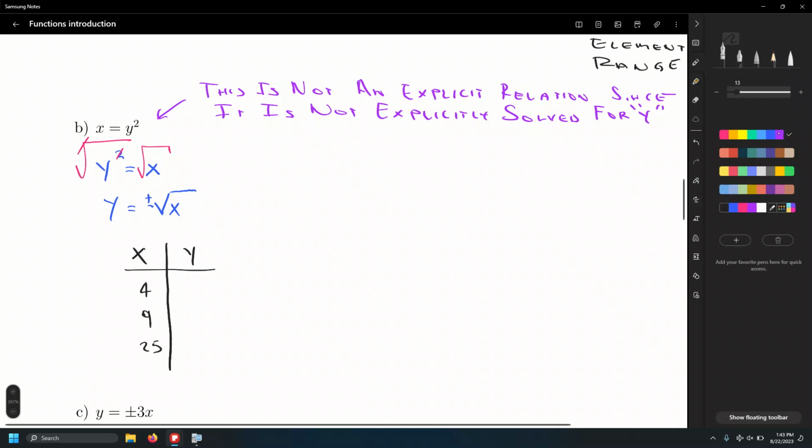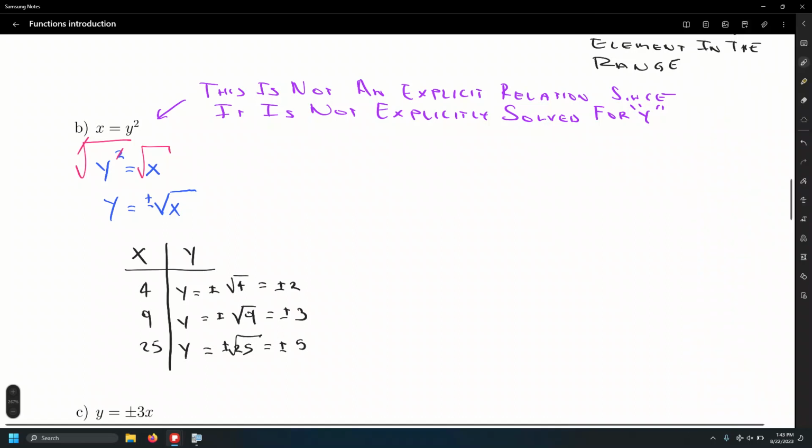So the y values will be y equals plus or minus the square root of 4, which is plus or minus 2, y equals plus or minus the square root of 9, which is plus or minus 3. We don't have to go through infinitely many numbers here. So in this case, the square root of 25 is plus or minus 5.